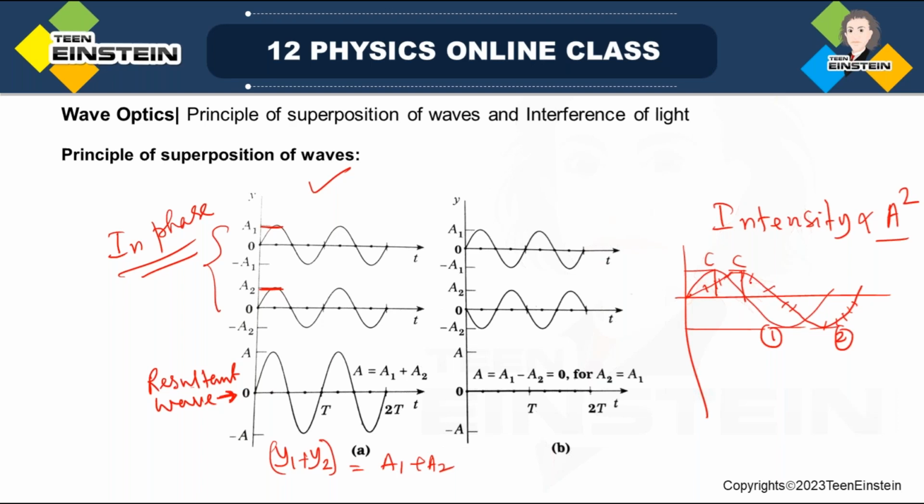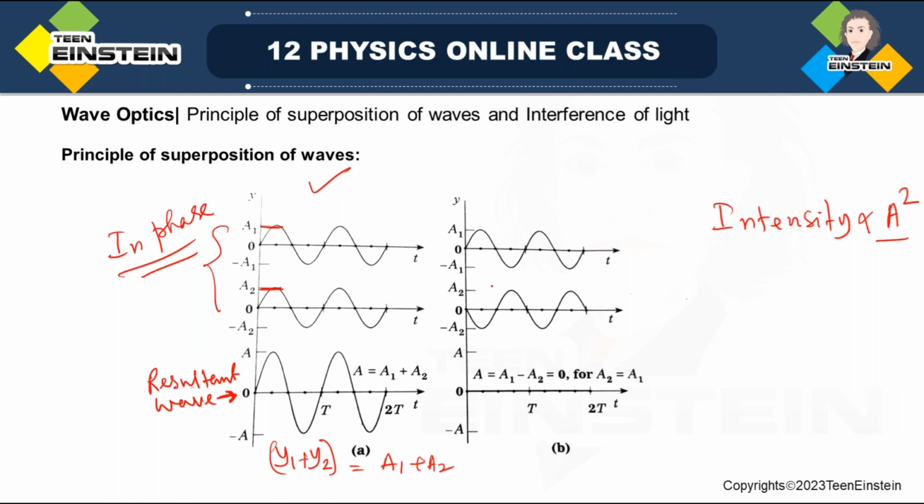Now in figure B, I have taken the waves totally out of phase. As I had shown you, if there is a displacement between the positions of the crests or troughs between the waves, then they are not in phase, they have some phase difference.